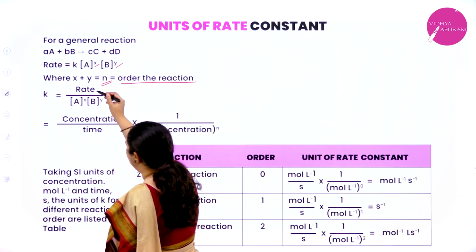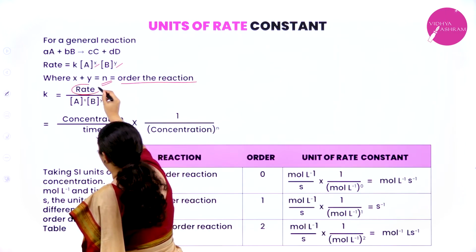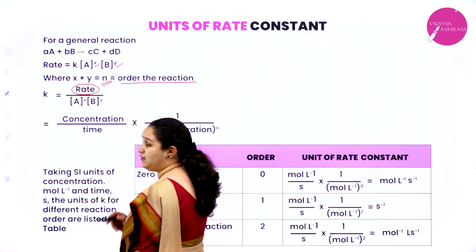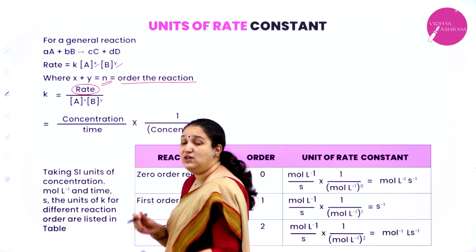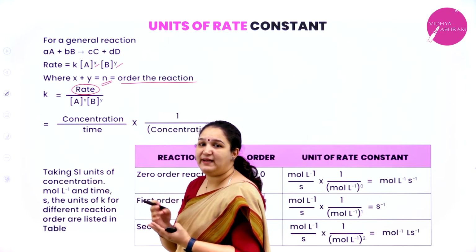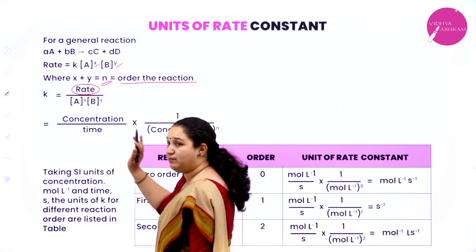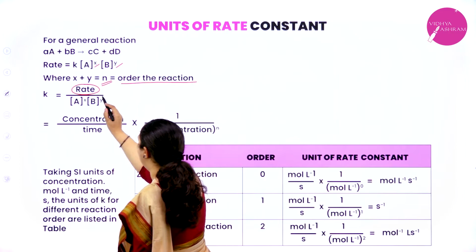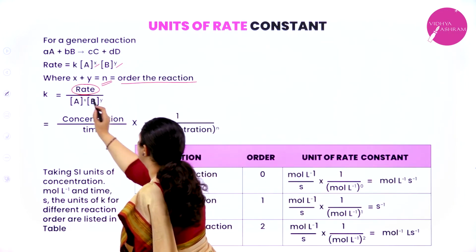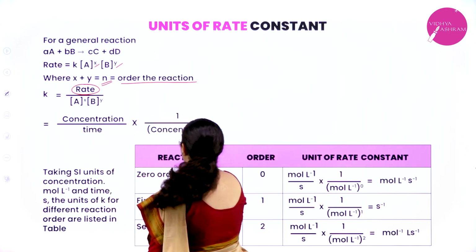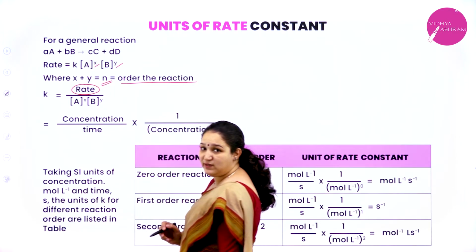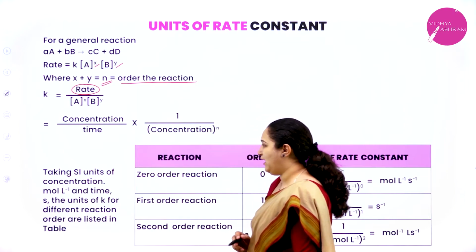Now what is the unit of rate? It is concentration per time. What is rate of the reaction? Change in concentration by time taken. So concentration by time, correct? Into 1 by concentration, molar concentration, to the power n, because x plus y I told was n, so I have written to the power n.